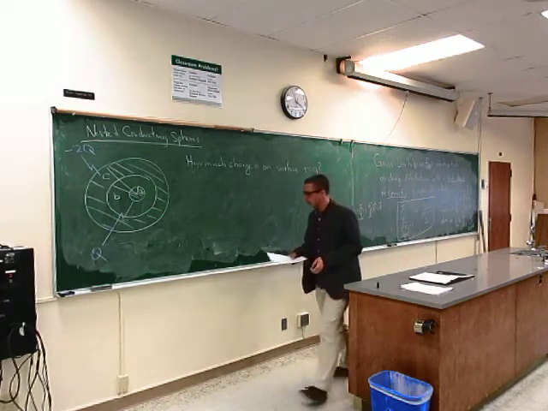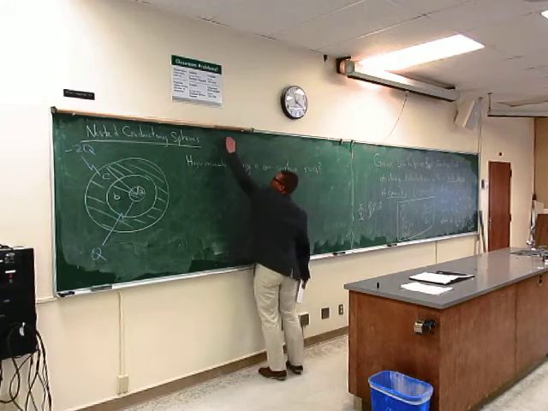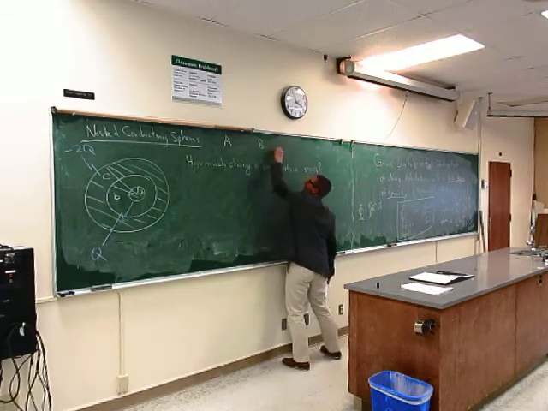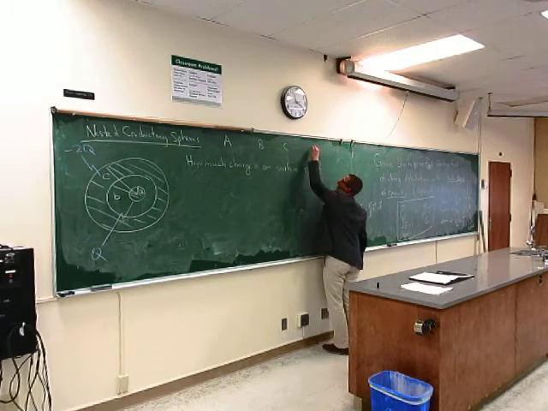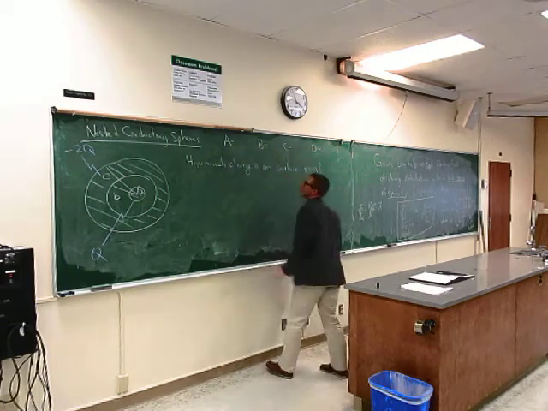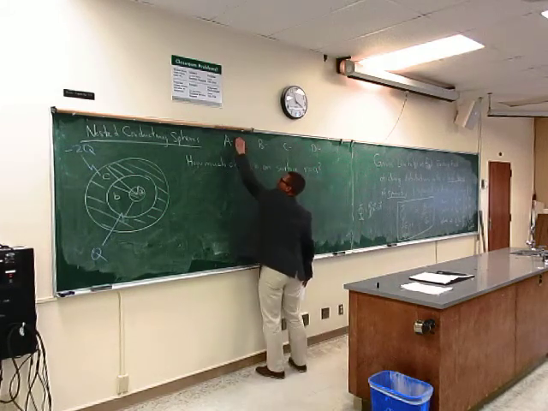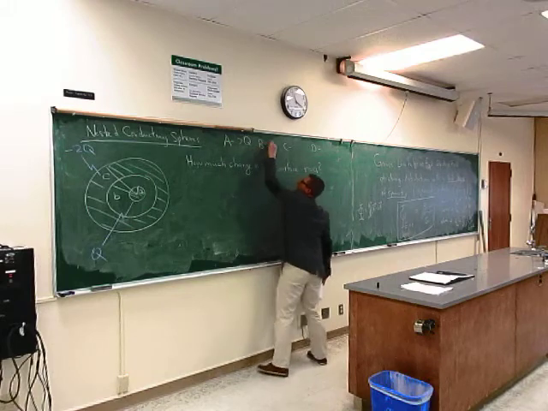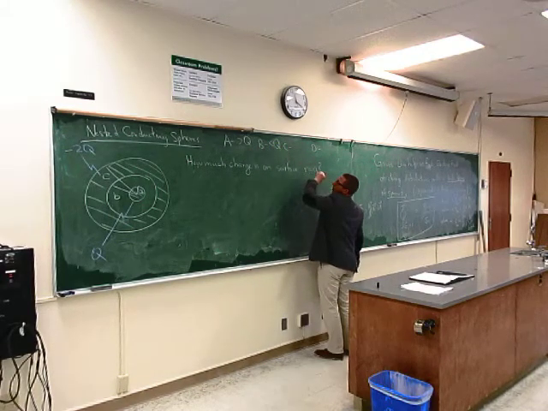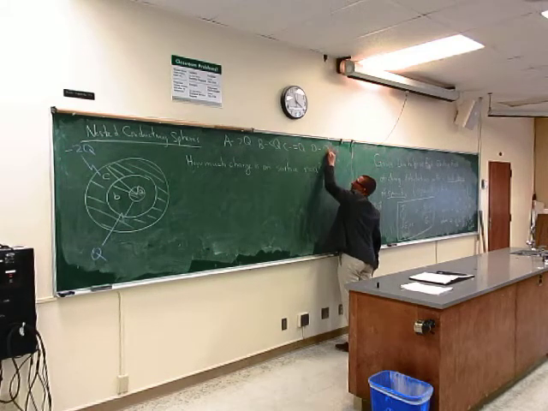I'll give you a couple of options, so take out your voting cards. Is it greater than Q, less than Q, equal to Q, or 0?